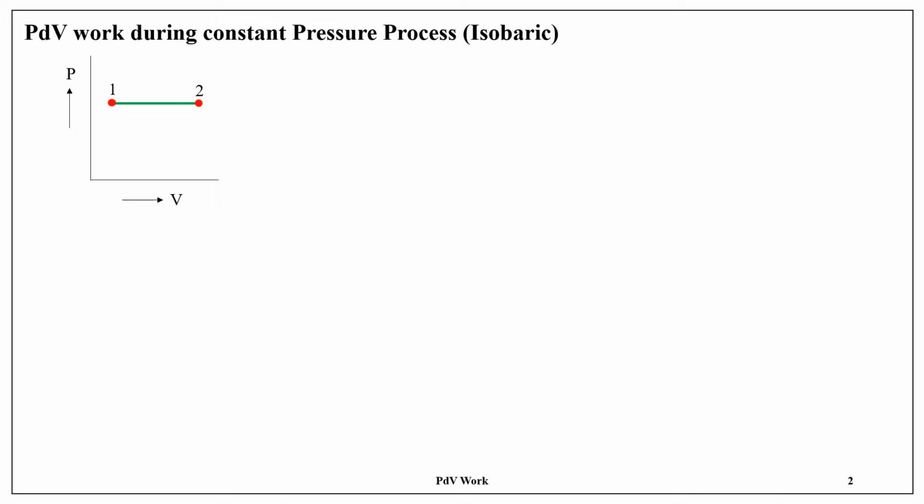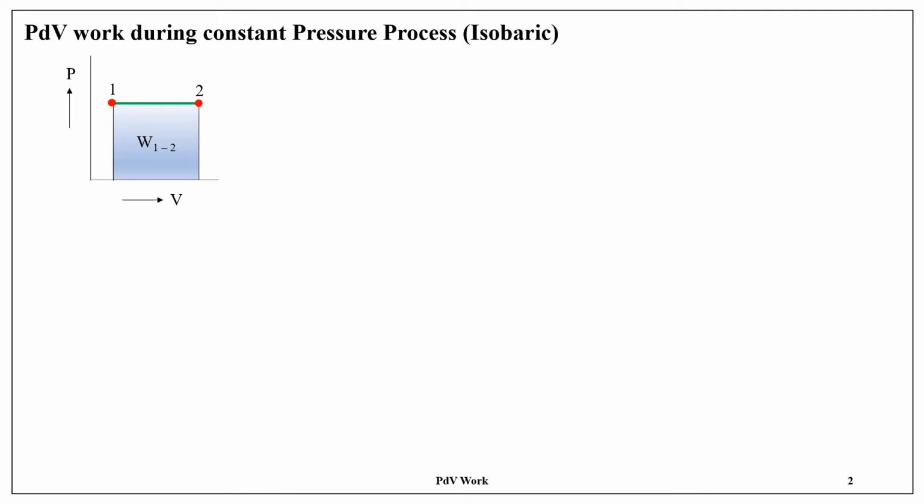The change of state occurs at constant pressure. That's why the process is a constant pressure process. And remember, PdV work is equal to the area under a curve in a PV diagram. And this is represented like this.